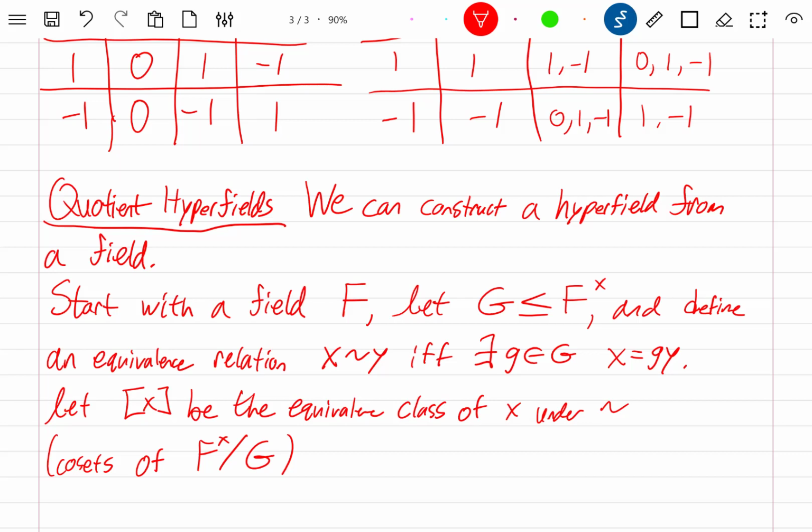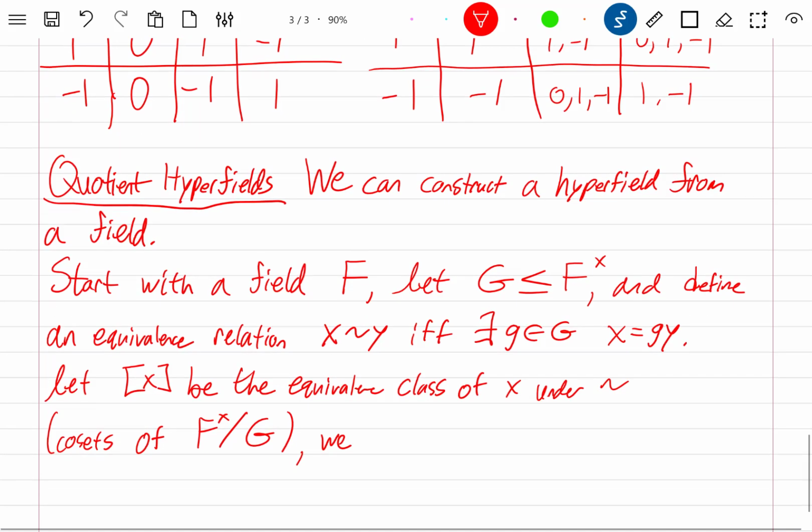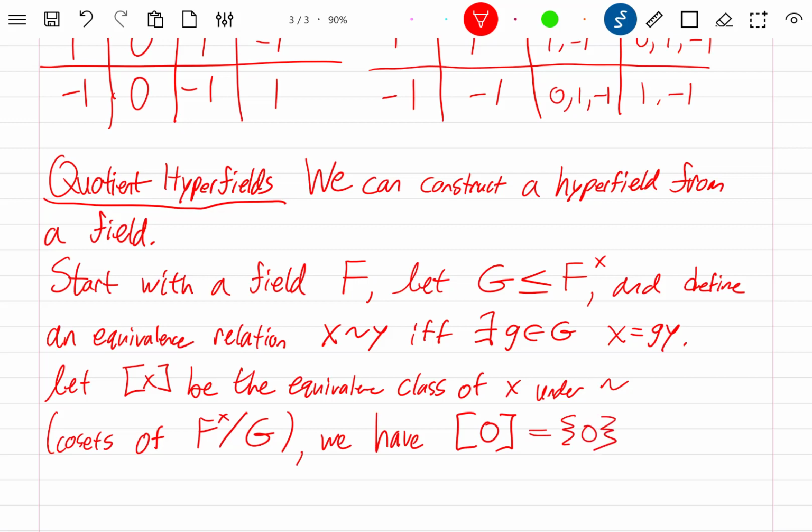However, we have to have another equivalence class, the equivalence class of 0, because this equivalence relation is only on F star, so we'll just put 0 in its own equivalence class.